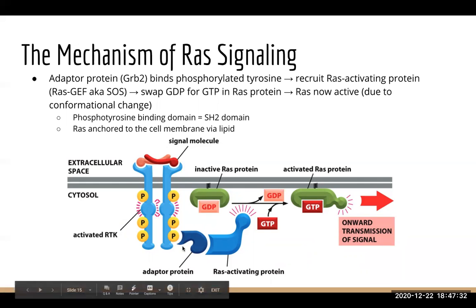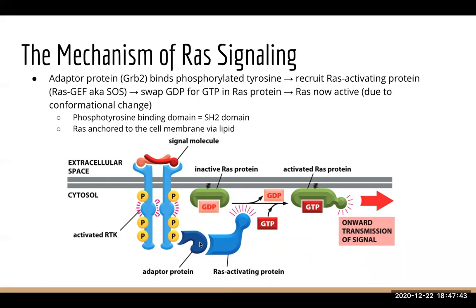And GRB2 is also called the adapter protein, as you can see in the diagram, it's labeled as the adapter protein because all it does is it's a binding site for this RAS activating protein, which is also known as SOS. And SOS is also a RAS-GEF protein.